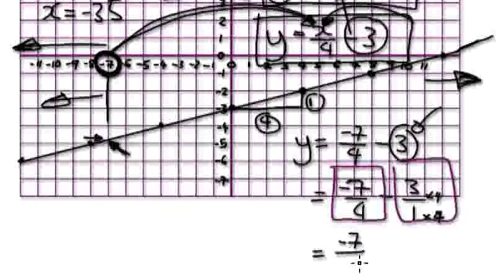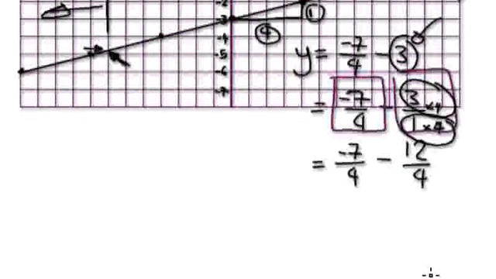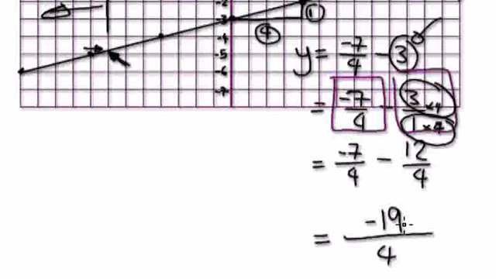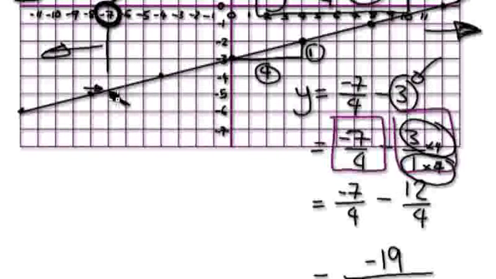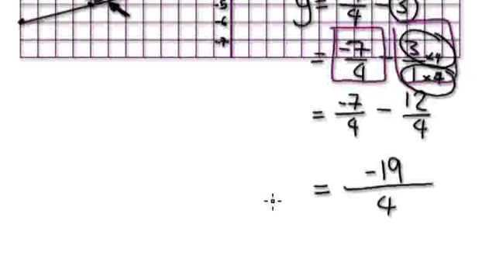So this bit here will be 12, this bit here will be 4. Now the two denominators are the same, so we can merge. -7 minus 12, so that will be -19. So the y value here will be -19 over 4.